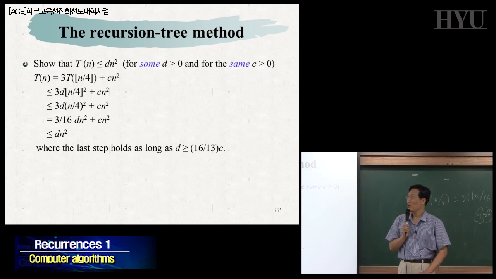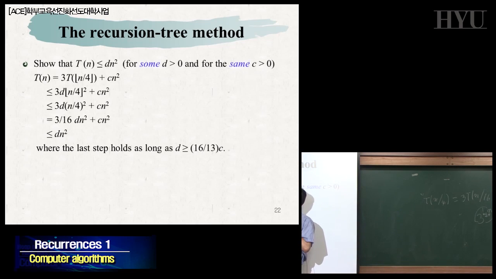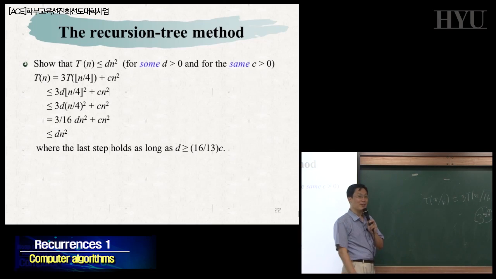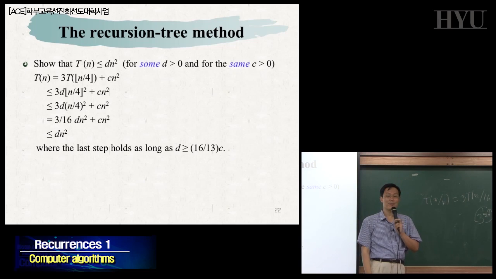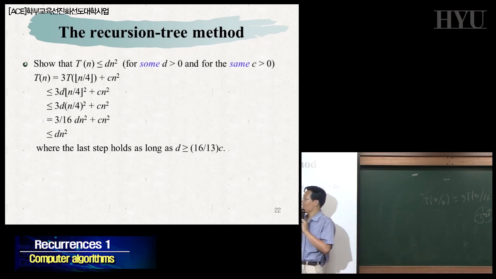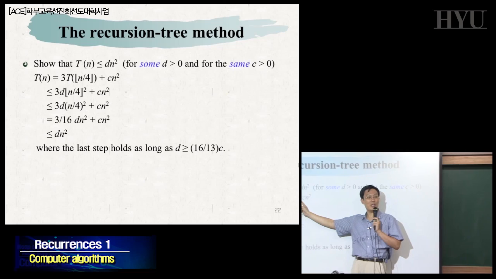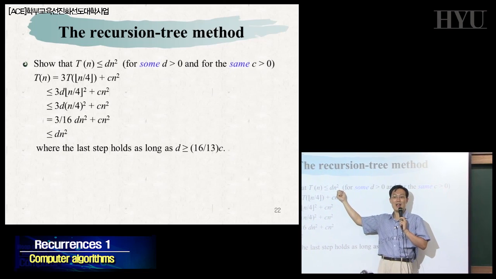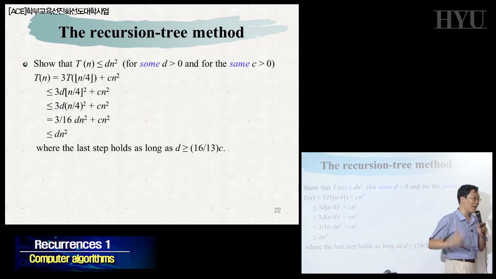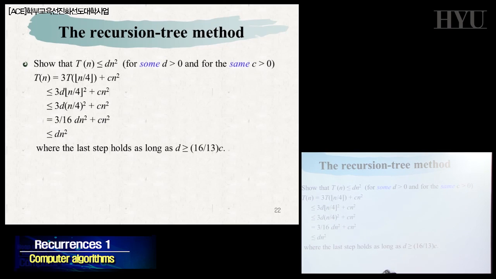Okay, another question. Why d this time, not c? We usually use c. Yes, there is c in the recurrence, so we need to use another constant. So that's why it's d, not c.